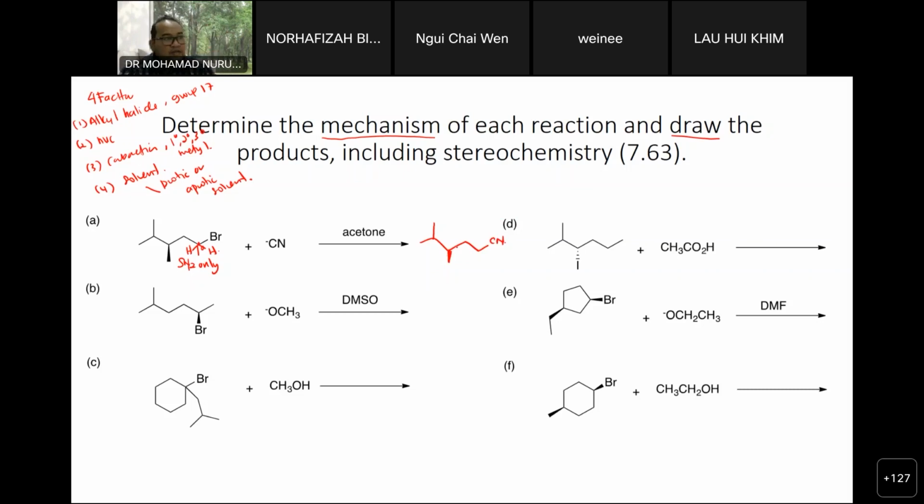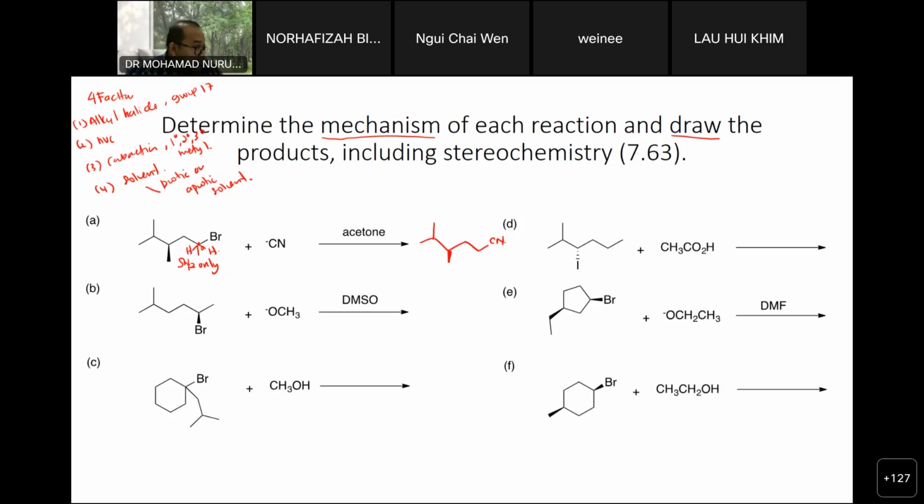If I see this, I will mark it wrong, even if the answer is correct. So make sure you copy 100% from the questions, the structures, and after that transfer to your answer sheets with the correct orientation. This is very important. Please highlight this one. Most of the students lose some marks because of this silly mistake.